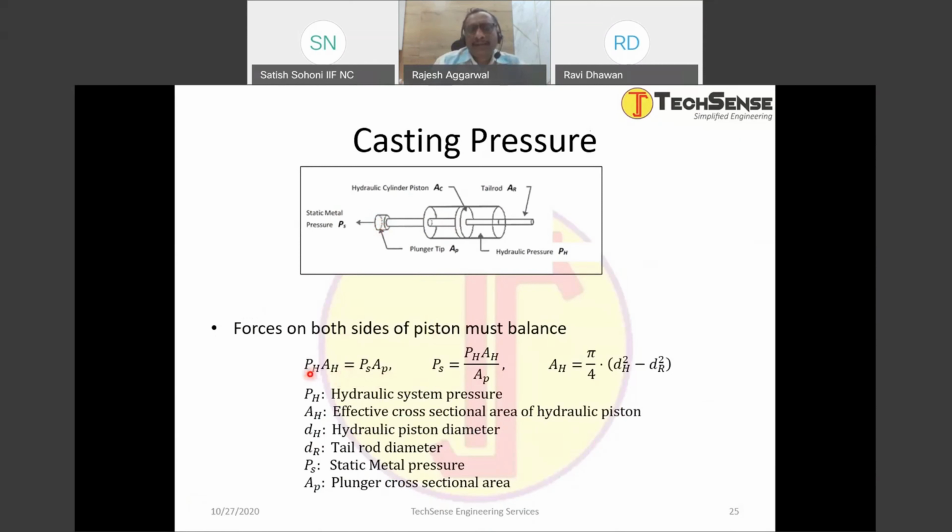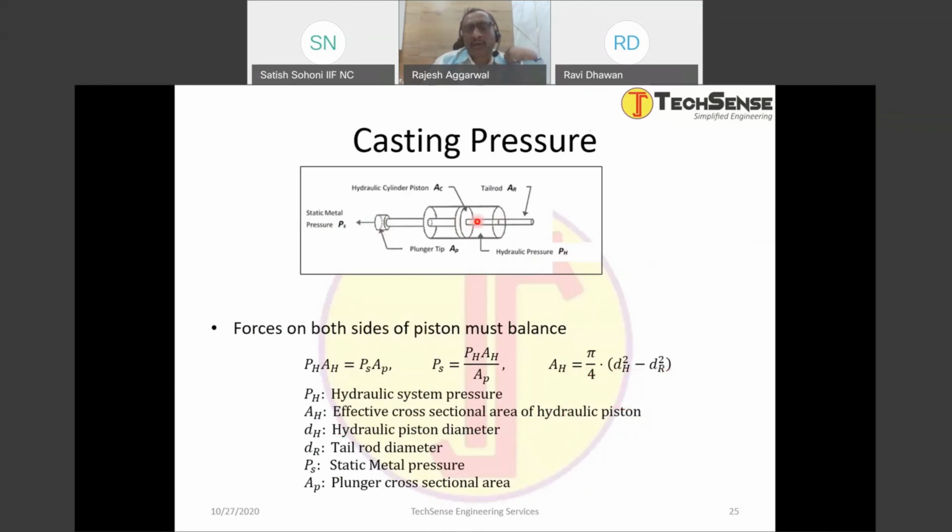Right? What is PH? PH is the hydraulic system pressure, that is the hydraulic pressure at the injection cylinder, and AH is the effective cross-section area of the hydraulic piston. What is the effective area? It is pi by 4 times (ds square minus dr square). What is dr?